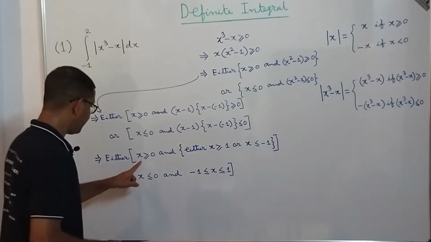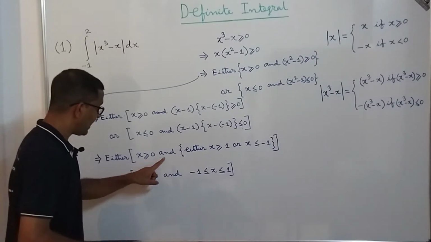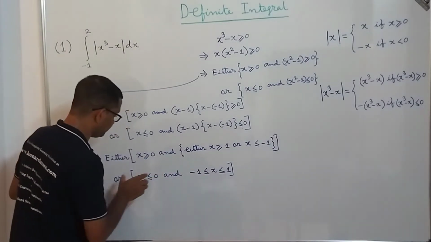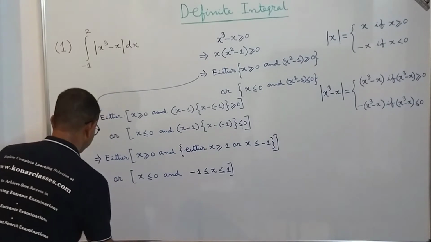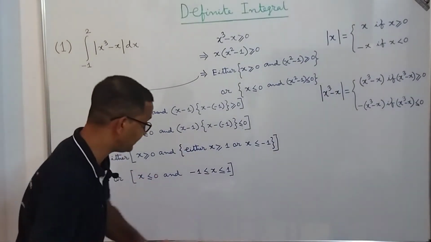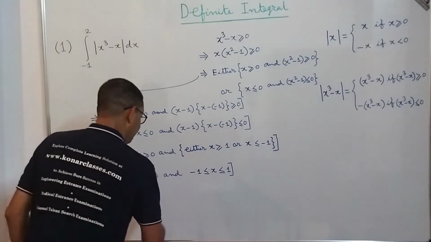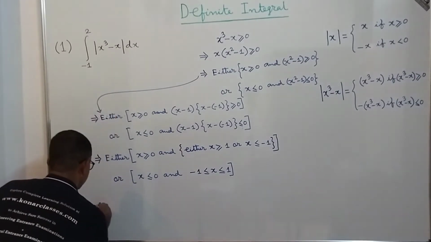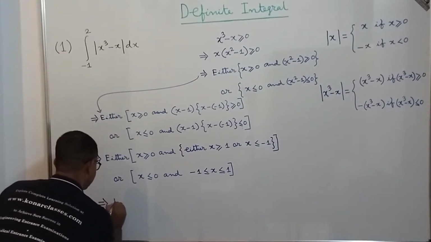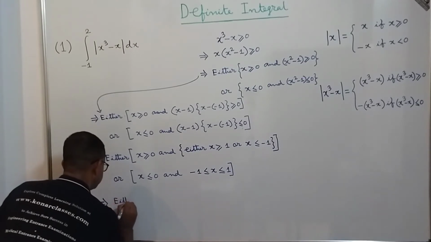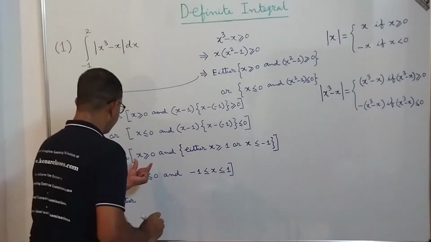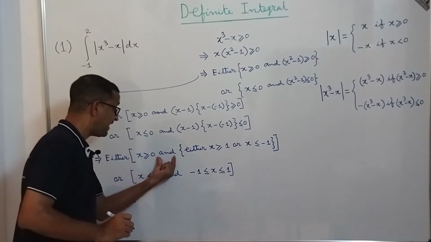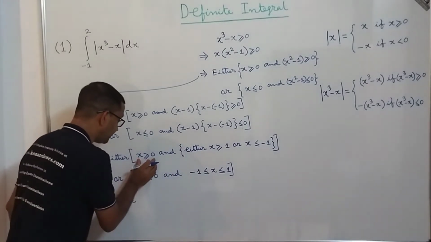So now let's look into it. Either x is greater than or equal to 0, and this condition has to be satisfied first. It looks like it is in the class of inequality, but this is very important to note. This implies, dear students, either x is greater than or equal to 0, and this has to be satisfied.